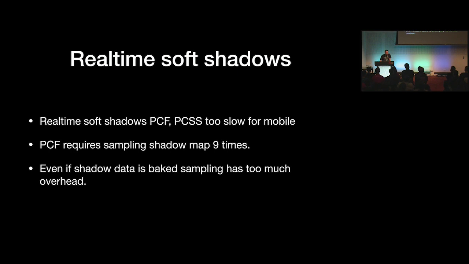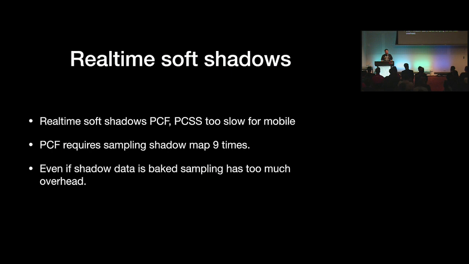Similarly is PCSS, but it gives a better penumbra, which is that soft outline on your shadows depending on the distance from the object. A basic PCF shadow requires you to sample a shadow map 9 times, which is quite a lot, and it's way too slow for mobile devices.